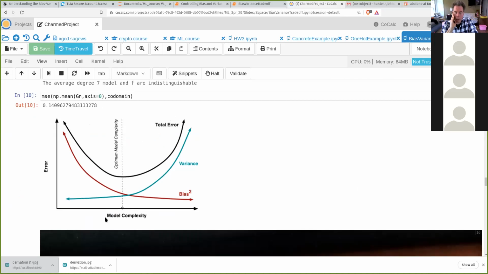So here is model complexity. Think of this as the number of polynomial features. If the number of polynomial features is high, then that's high model complexity. If you have just one feature, in a linear model, then that's low complexity.